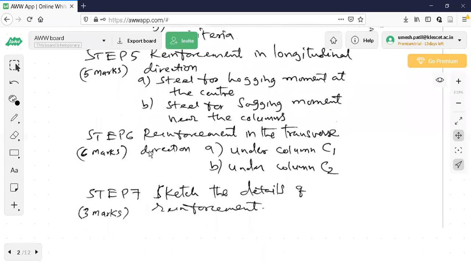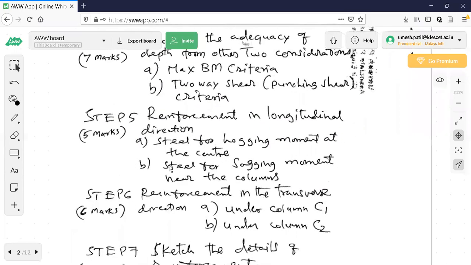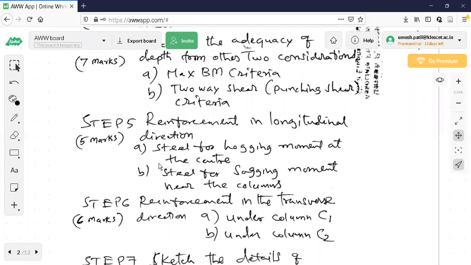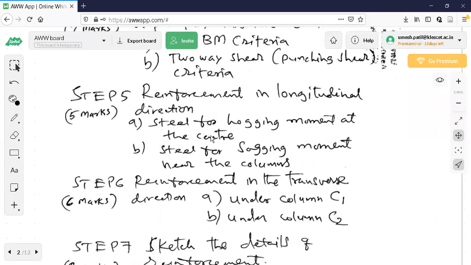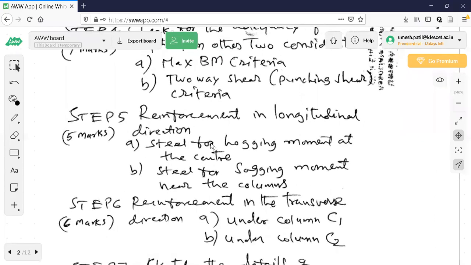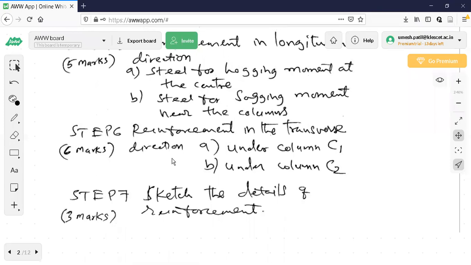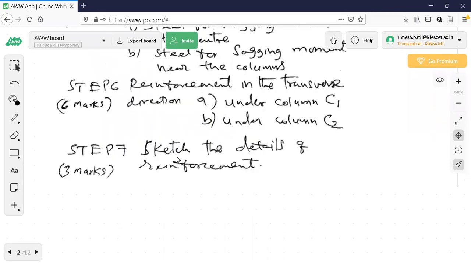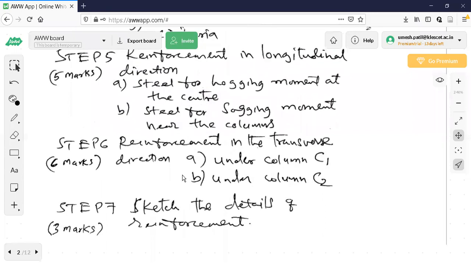Today I will be able to complete this design, and some time will be given for discussion. You can raise any questions or doubts. Step 5 is longitudinal direction, step 6 is reinforcement in the transverse direction, then sketch the details of reinforcement for 3 marks. So in total it is 40 marks.